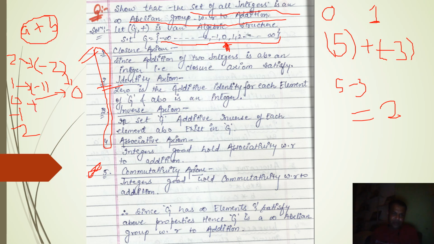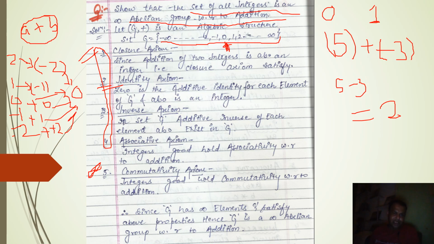0 plus 0 equal to 0. It means 0 is its own additive inverse. If you add +1 to -1, then you will get 0. It means the additive inverse of -1 is +1, and similarly the additive inverse of -2 is equal to +2.